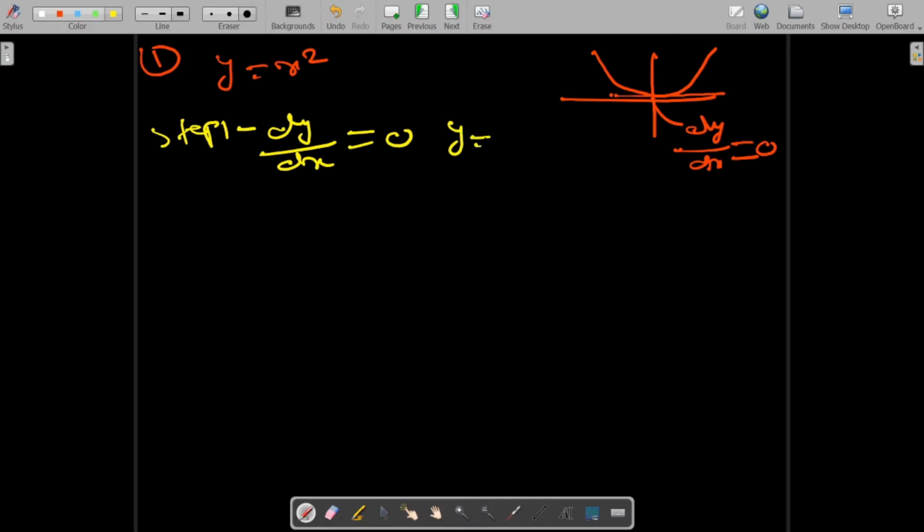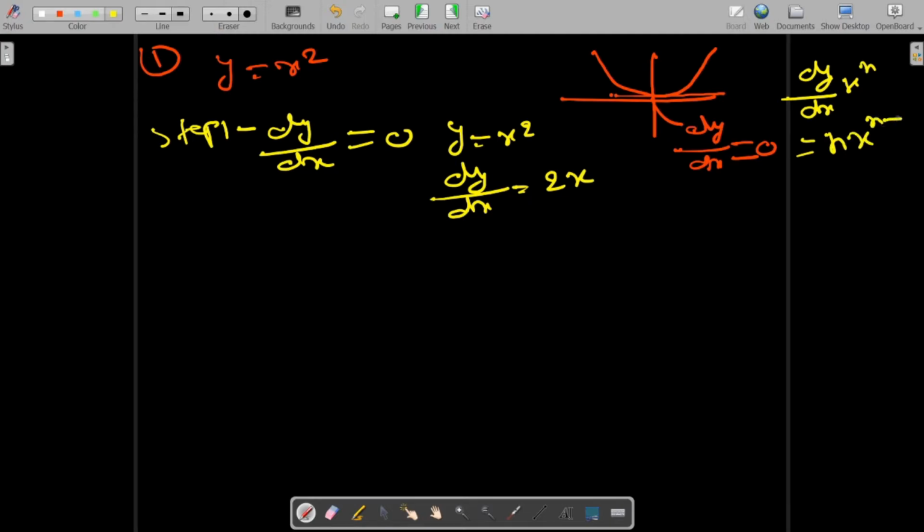For y equal to x square, dy by dx equal to 2x. For your information, the differentiation of x^n will be n x^(n minus 1). By applying this formula, I got this.